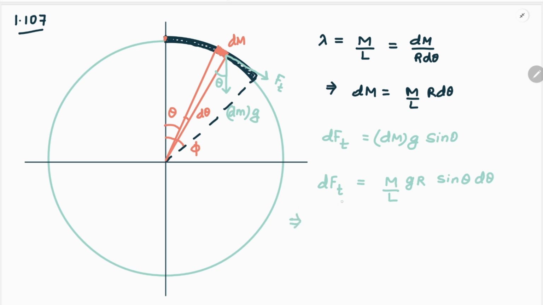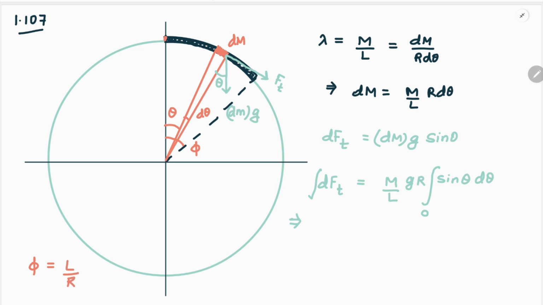Because m, g, r and L are constant, we integrate this expression over the values of phi. At the highest point the value of phi is 0, and the total angle the chain subtends is phi, which is arc length upon radius, where arc length is L by r.